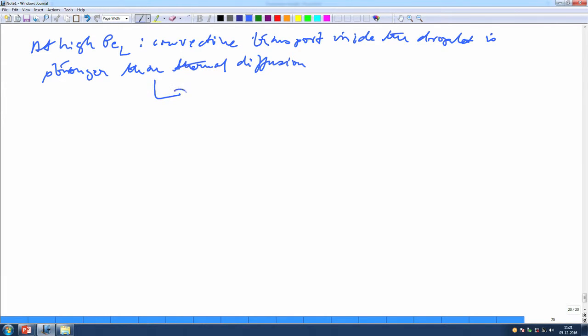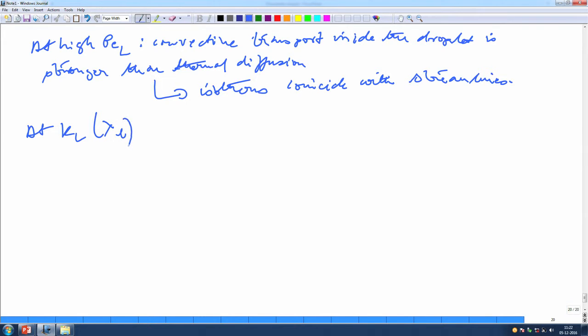And so, the isotherms basically coincide with streamlines. And of course, there is the other limit, KL, or you can write it as lambda L. As that approaches infinity, this is called basically the infinite conductivity model. Got it?